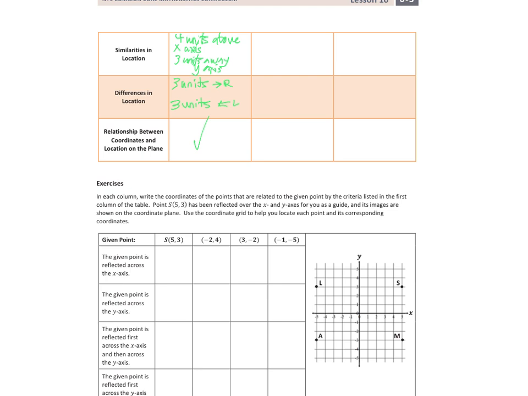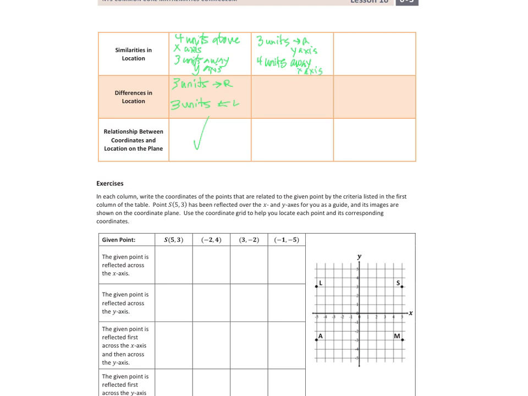When we get to the 3, 4 and 3, -4, similarities: both points are 3 units to the right of the y-axis, and 4 units away from the x-axis.